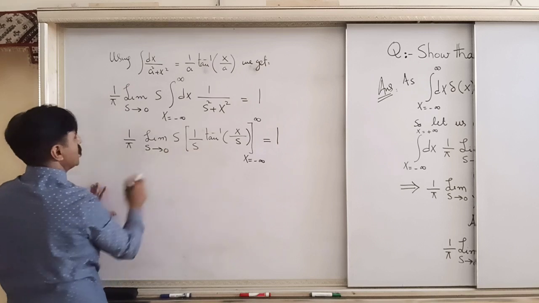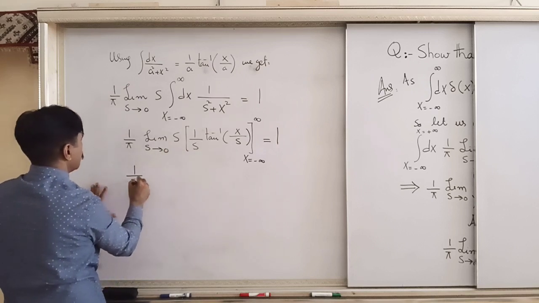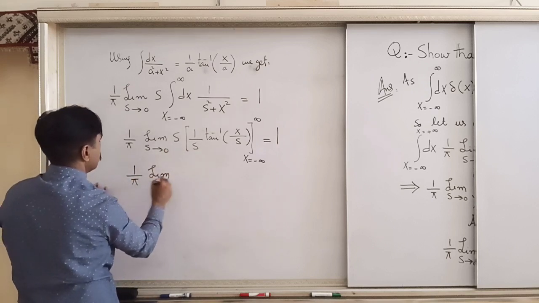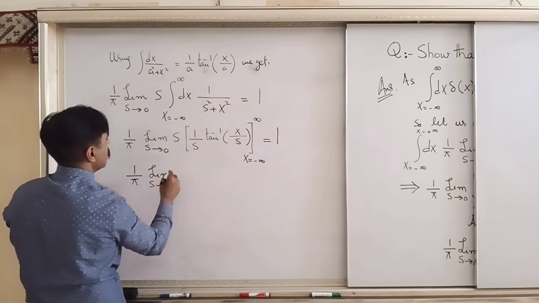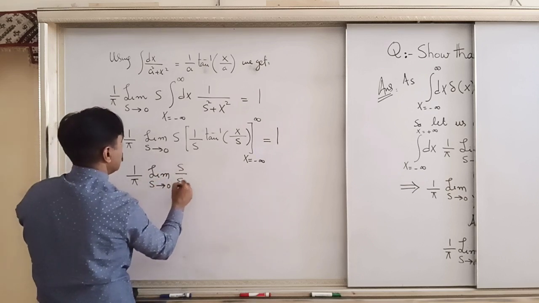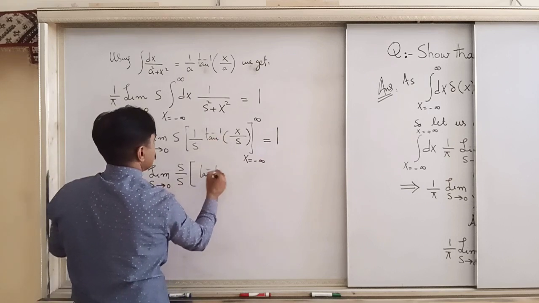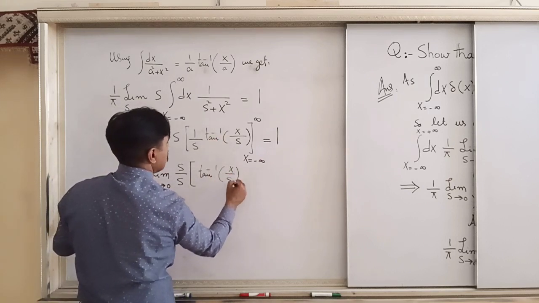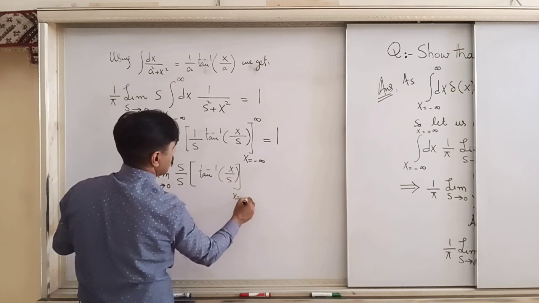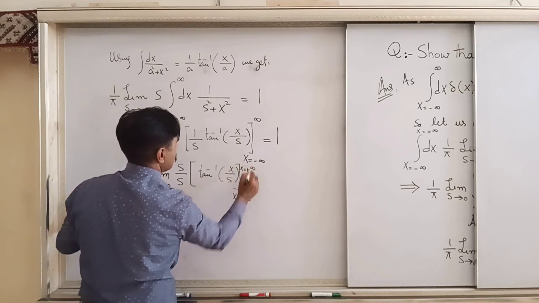Now this s can be taken out, and it is 1 over pi, limit s approaches 0, s over s into tangent inverse x over s, and limit from minus to plus infinity.